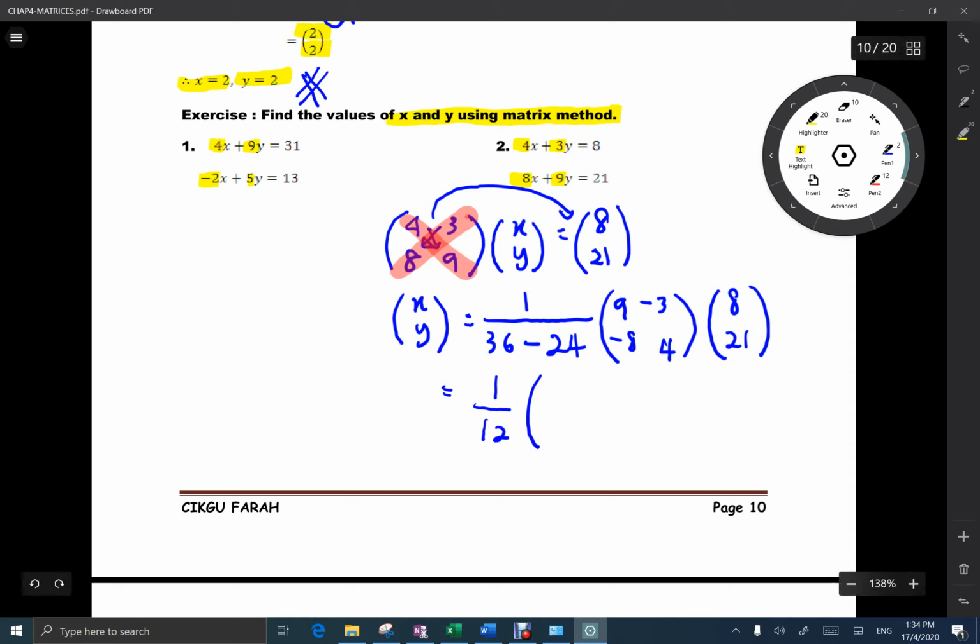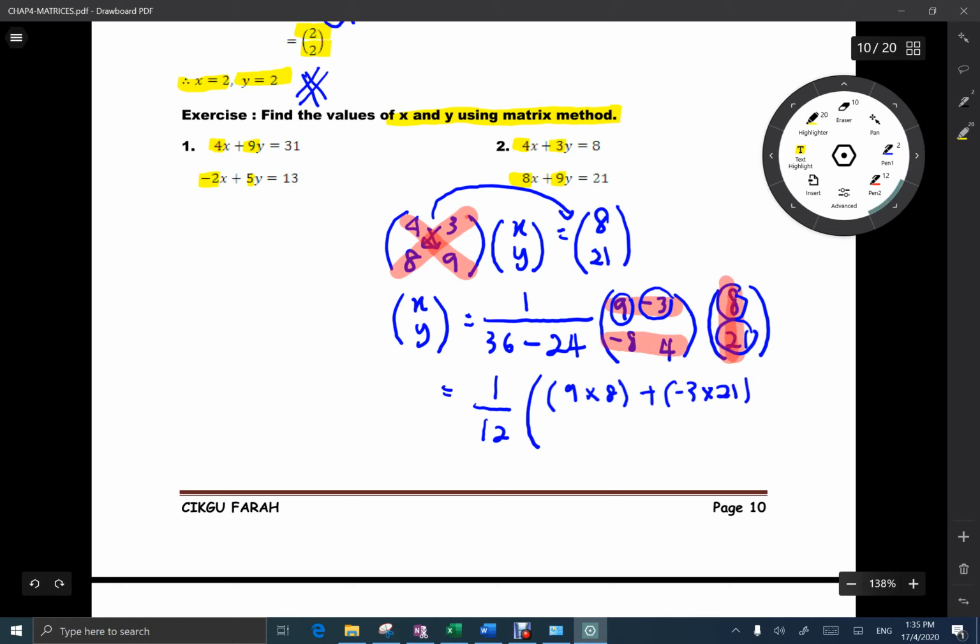Okay, now second part, you need to solve these two matrices. Okay, row times column. Row times column. So 9 times 8 plus negative 3 times 21. Negative 3 times 21. Okay, next one.